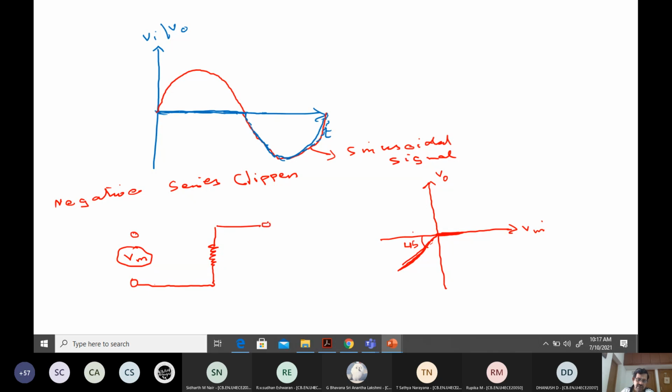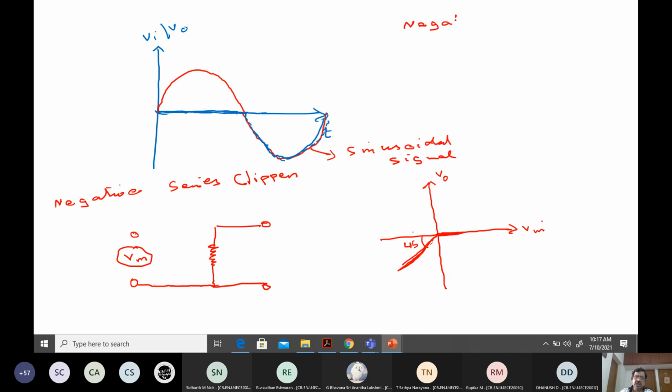Now I have to think, I want to clip the portion of the negative half. So in the positive, the diode must act as a... see, I want to get what is a negative series clipper.